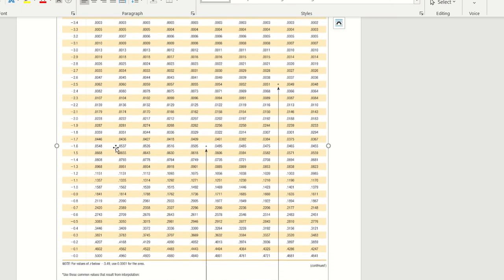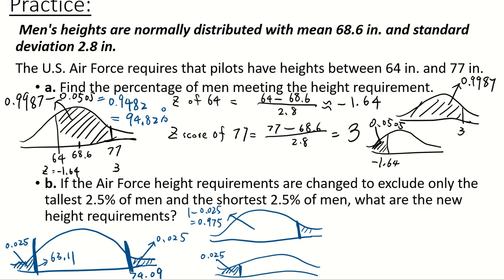So again, it's right here: the area is 0.025, and the z-score is negative 1.96. Let me mark it in the problem. So first of all, I find the z-score here. It's negative 1.96. Now I want to find this z-score.